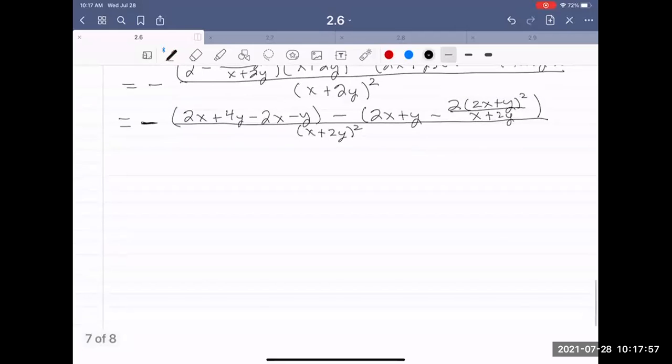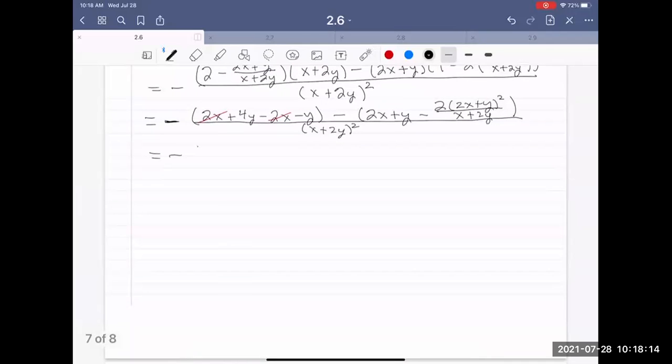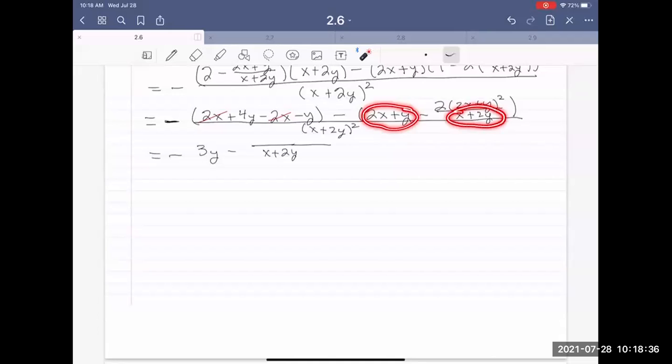Okay, so this is equal to, I guess I'll keep it this way for a second, so minus. The 2x's cancel, and so I get 4y minus y is 3y. Minus. Let's get a common denominator, this last guy. So this is x plus y, x plus 2y. And I'm going to have to multiply this times that.